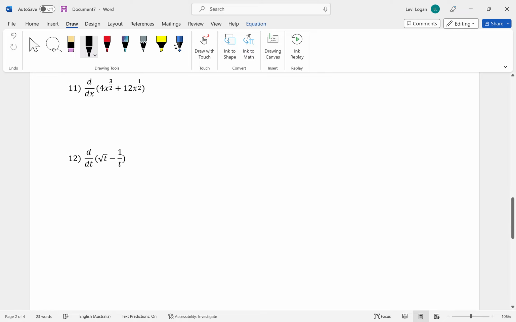Alright, question 11. This one looks a bit more challenging because we have very weird powers pretty much. But it's the same principle as before. So feel free to have a go at question 11. So we're going to have our 3 over 2 multiplied by 4x to the 3 over 2 minus 1 plus a half multiplied by 12x to the half minus 1.